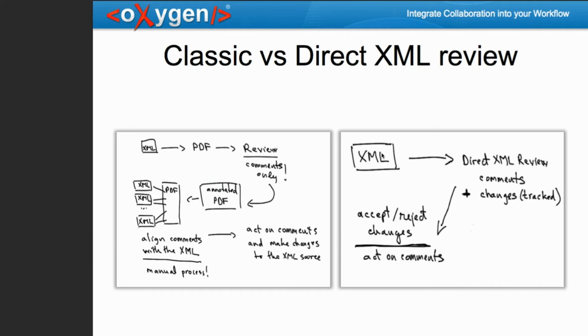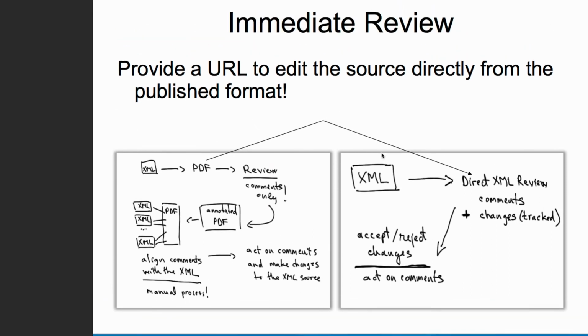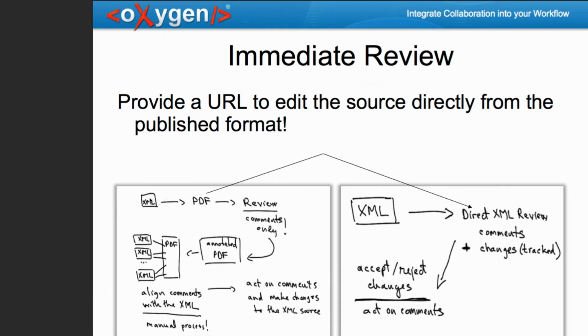So rather than this, I propose something else. So you have the XML, you generate the PDF, but then rather than continue like this, each topic from the PDF will contain an edit link. So if you read the PDF and you discover a problem in some part, you can just say edit, and you get to the content of that topic in the web editor and propose the changes there, and then you have the changes in the source.